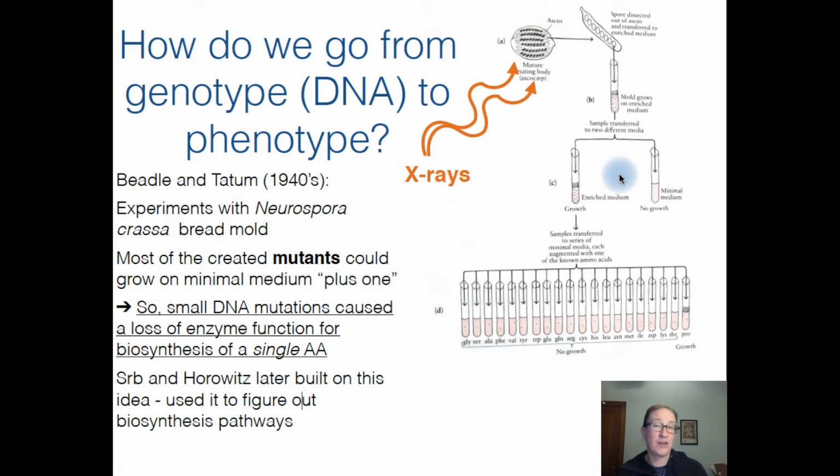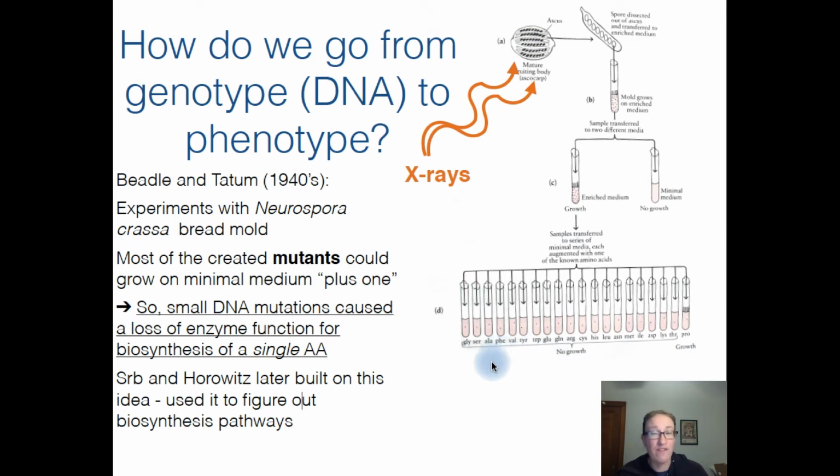So then the next question for them was, all right, well, if it requires an amino acid, which out of the amino acids is required? So then the next thing they would do is they would transfer some of these samples to a series of minimal media, and in each case they would add back just one of the amino acids rather than providing all of the amino acids as they did on the enriched medium.